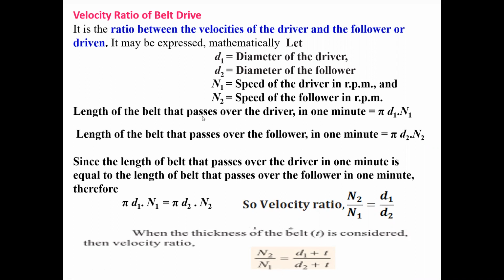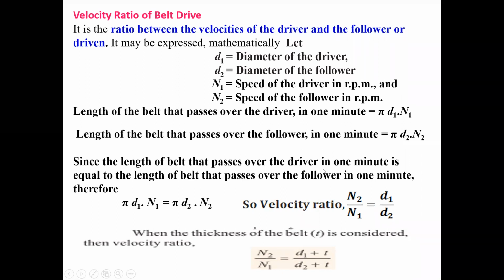The length of the belt that passes over the driver in 1 minute is pi d1 n1. Similarly, for the follower it is pi d2 n2.